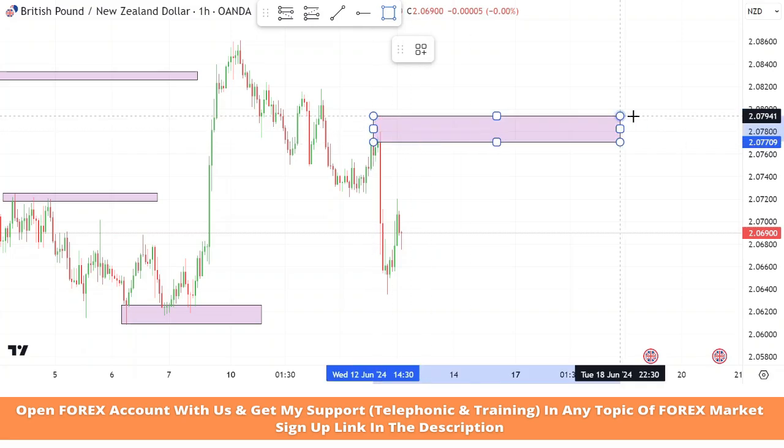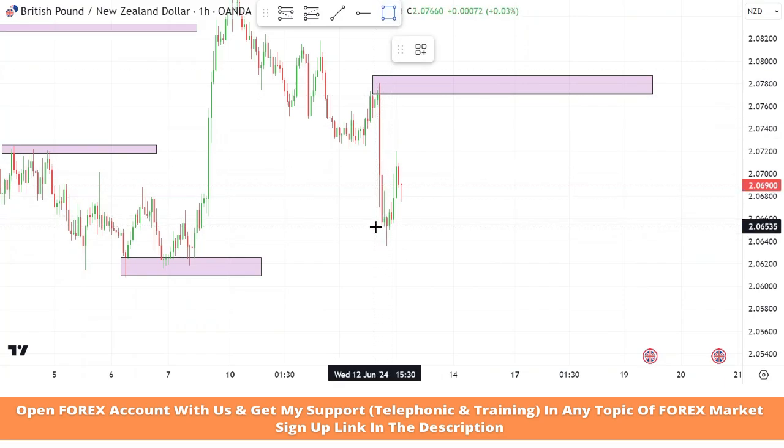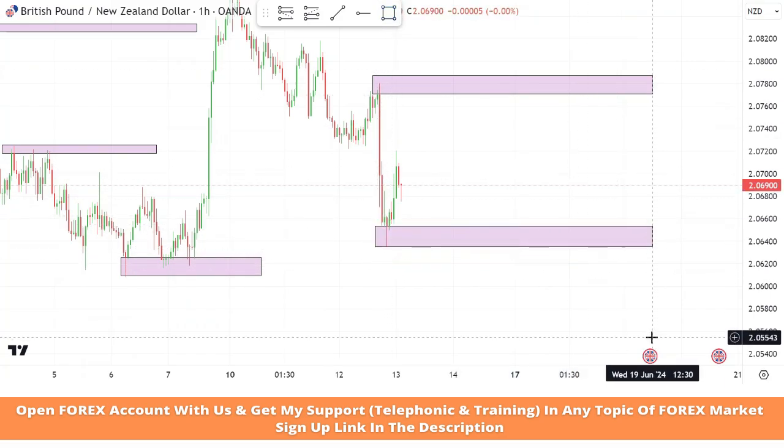Now we will draw a resistance area to see market movements on this level. We will draw a support area to see market's next movements.